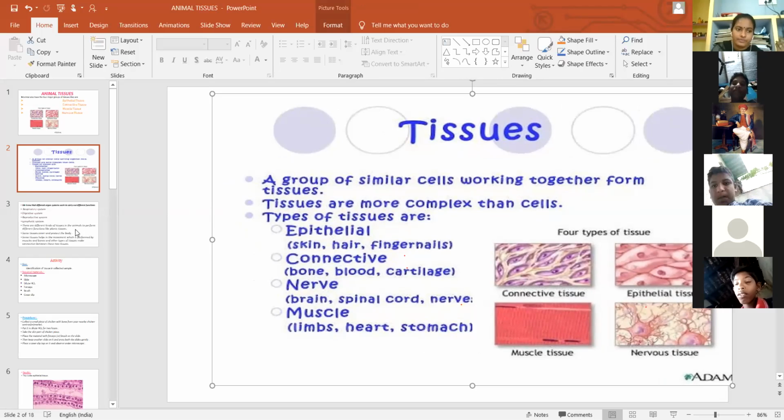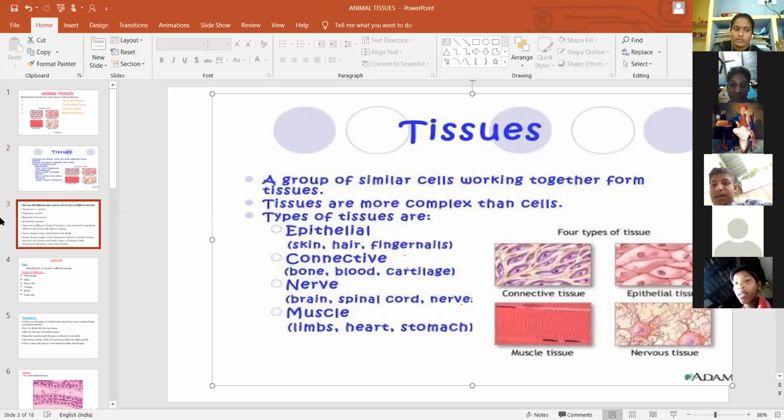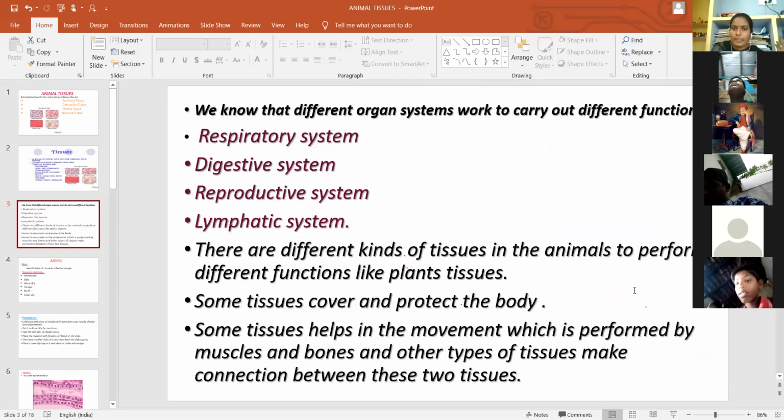Next, we know that different organ systems work to carry out all the different functions in our daily life processes.